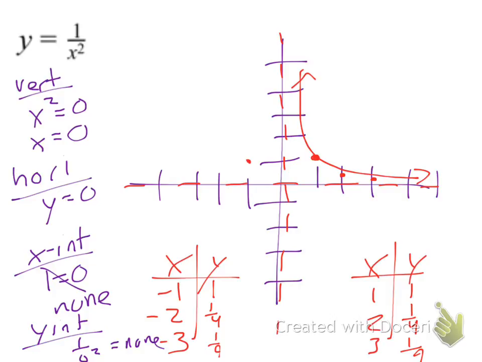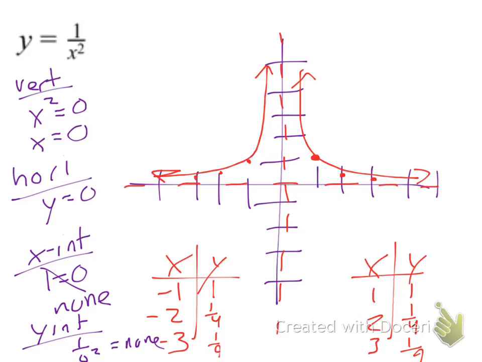That's different than last time. This one goes like this. They're both on top. Why does that happen, guys? Because I'm squaring a number, and when you square a number, it becomes positive. Okay? Cool?